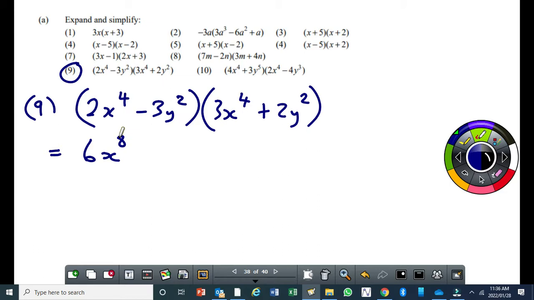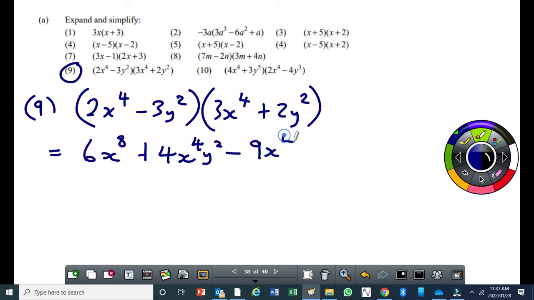Then 2x to the power of 4 times 2y squared. Start with the coefficients. 2 times 2, that's a 4. It's a positive 2 there. Then x to the power of 4 times y squared, that's 4x to the power of 4 y squared. Then minus 3 times 3 will give us minus 9. Y squared times x to the power of 4.